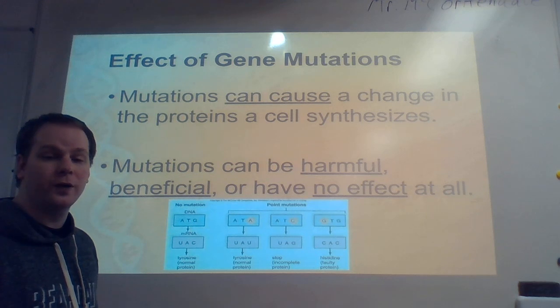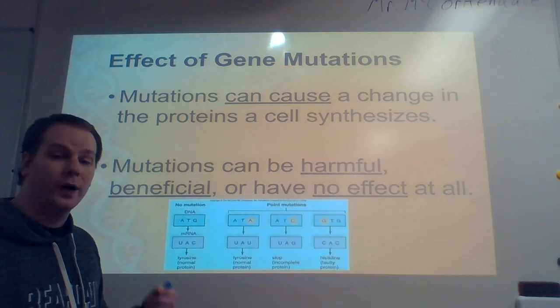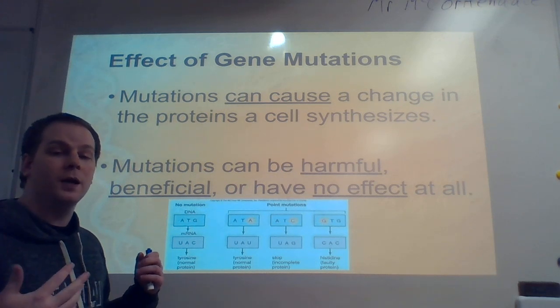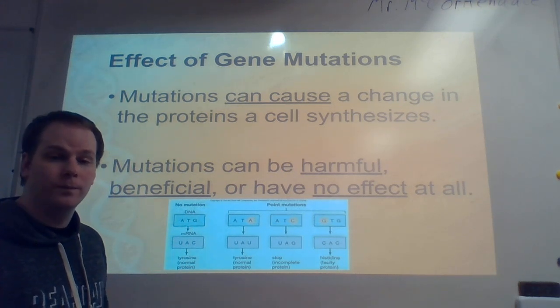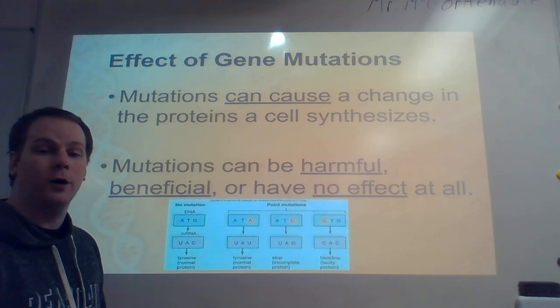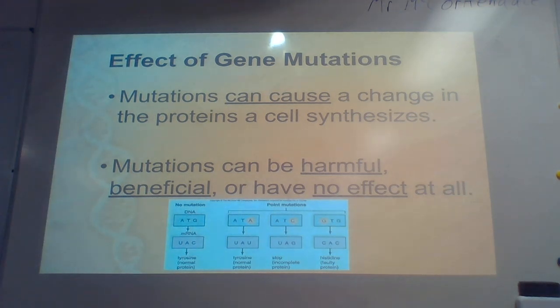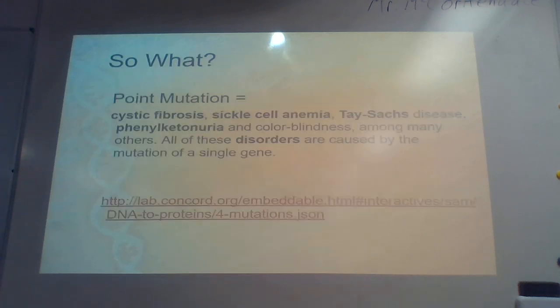Whether that change in that one amino acid changes the color of your skin or changes the color of your eye or your hair, it may make you more survivable, and therefore your offspring would pass that mutation on to their offspring until it proliferated through the population. So here are some examples of issues that can be caused by point mutations, because sometimes they are not harmless.